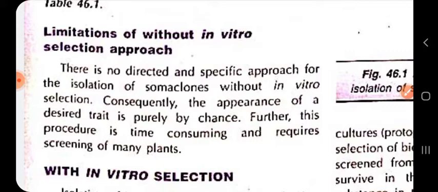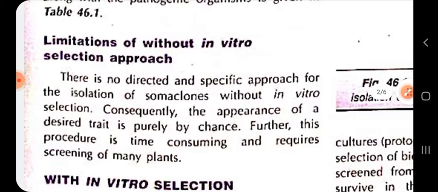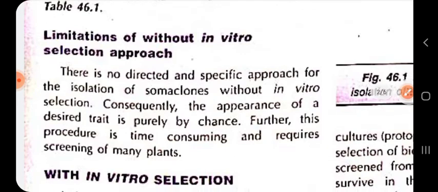Here that is not occurring. So the limitation of without in vitro selection is that there is no direct and specific approach for isolation of somaclones. Here we simply do culturing, and finally at the last we check whether variation has occurred or not.